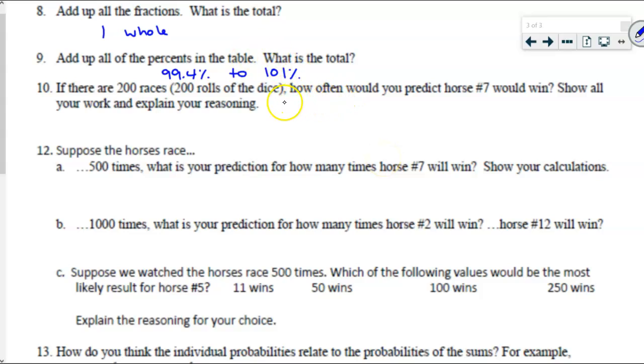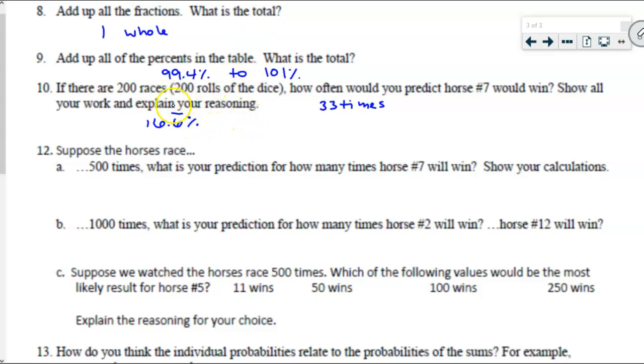We'll start with Davin. How'd you get 33? Okay. Very nice.